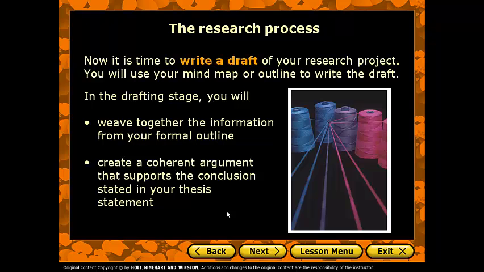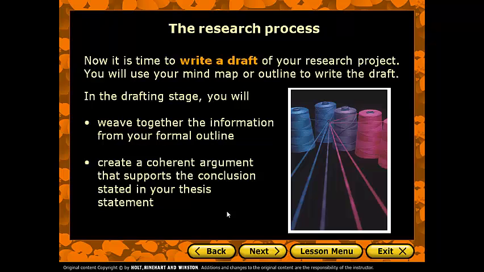So for those of you who have had me before, you know we've talked about 5-paragraph essay structure, where you have your introduction, your body, and your conclusion. And we will be talking about this in the process as well, where we have our introduction, which hits the nail on the head with a hook, an introduction to the topic, and a thesis statement.